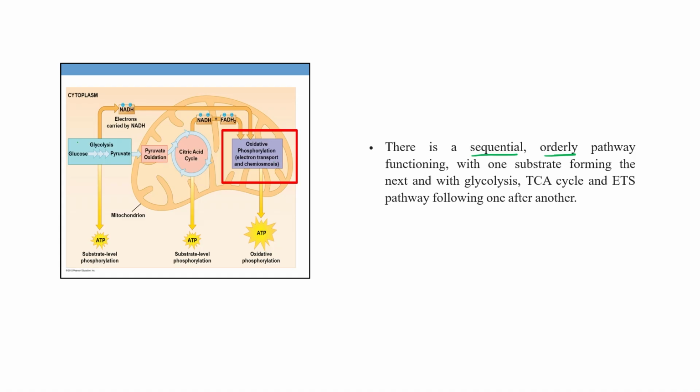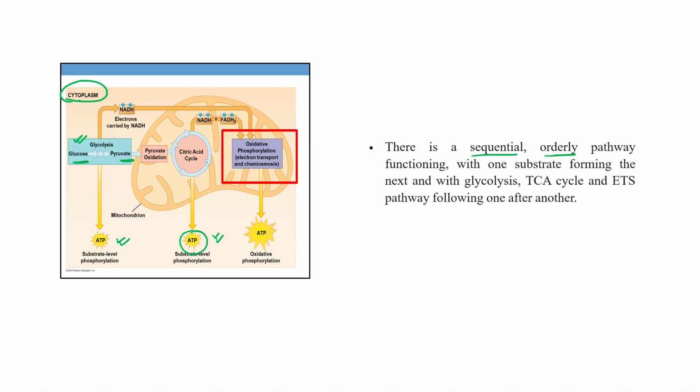First step, glycolysis, which occurs in the cytoplasm, where glucose gets converted into pyruvate and a little bit of ATP is produced. Then pyruvate enters the mitochondria where pyruvate oxidation occurs. It converts first into acetyl coenzyme A, which combines with oxaloacetic acid and produces citric acid, the first product of the Krebs cycle or citric acid cycle, and produces a little bit of ATP here also. These two are known as substrate level phosphorylation.